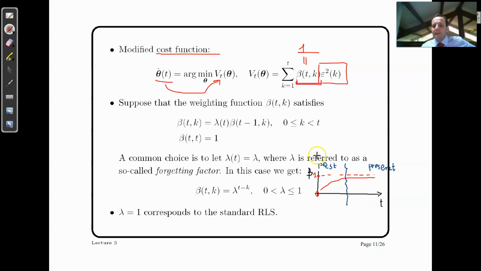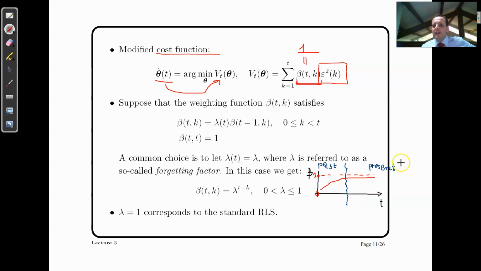So the idea of forgetting is obtained by multiplying the data in the cost function by a parameter which slowly goes to 0. This is how we can forget the data, by multiplying them by a parameter which asymptotically goes to 0.